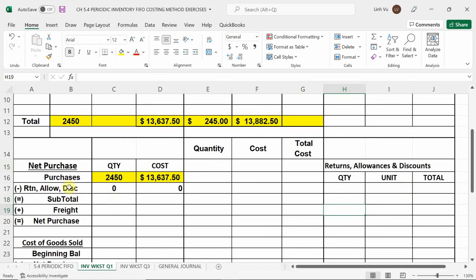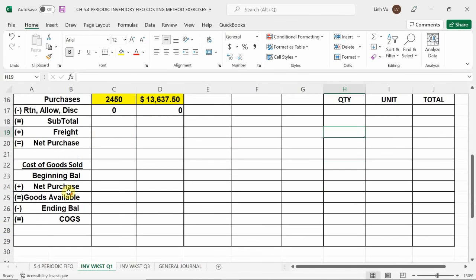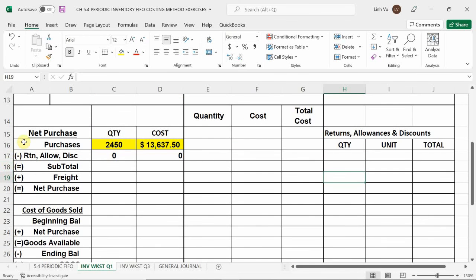Okay? Now, how do these formulas work? Now, here on the left column over here, I gave you hints and indications of how this table works. Okay? So in this case, right, when I have my purchases, what returns and allowances does is it subtracts my quantity and my total cost away.